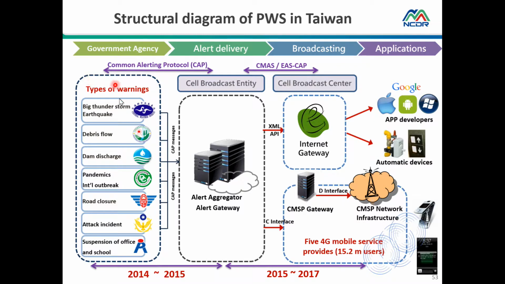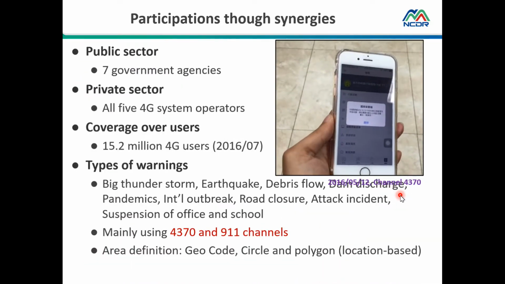Now, a total of 8 agencies have joined the project. They produce standardized CAP information for the cell broadcast entity. Then it is sent to the mobile phone users as an automatic process.